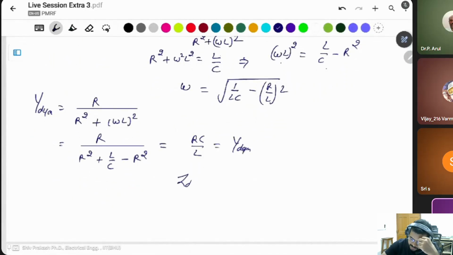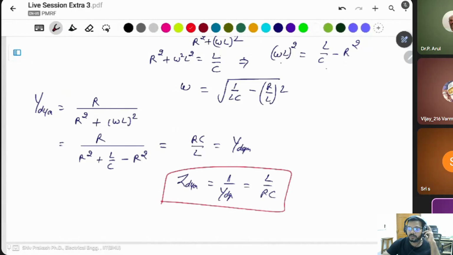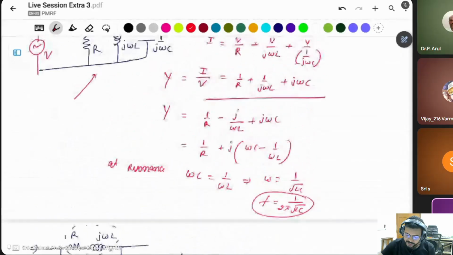What is the impedance? Opposite of this one, L by RC. If there is any parallel circuit, then simply try to solve by using the admittance in place of impedance.